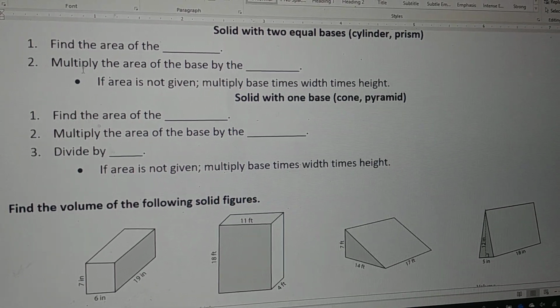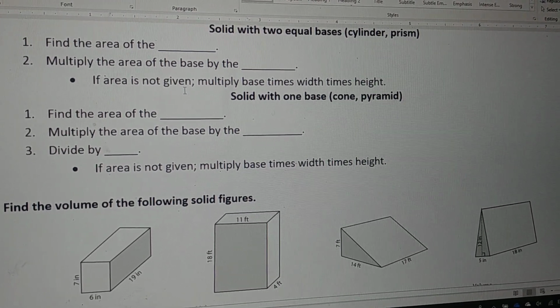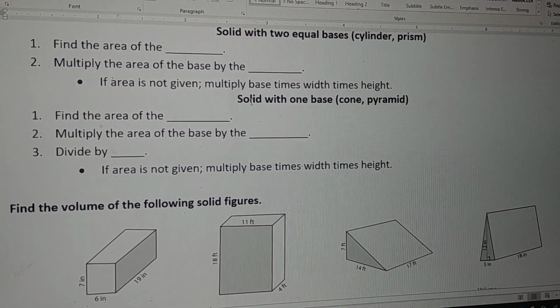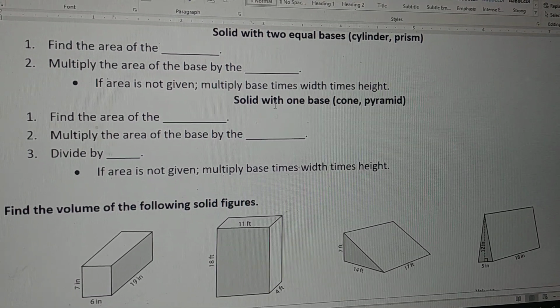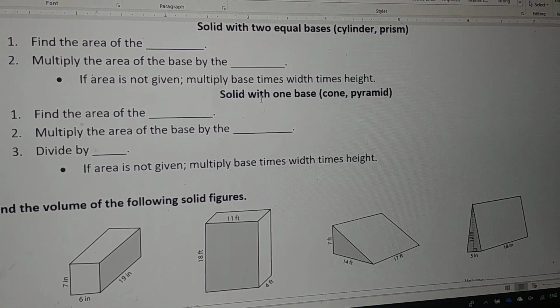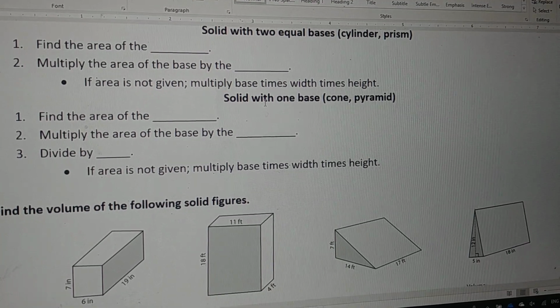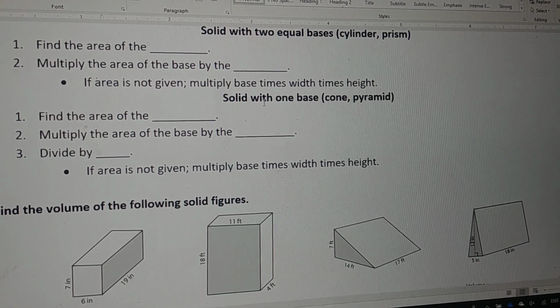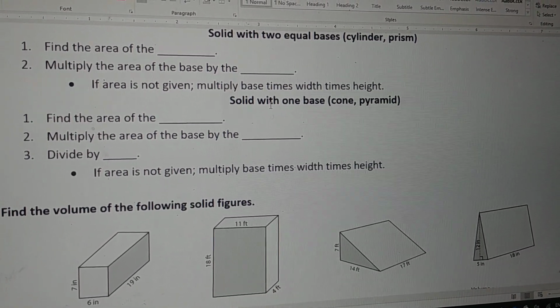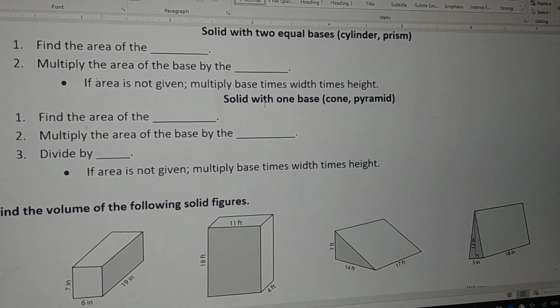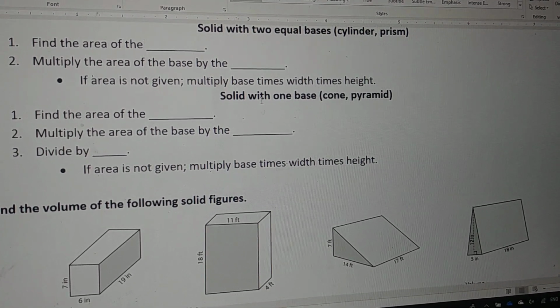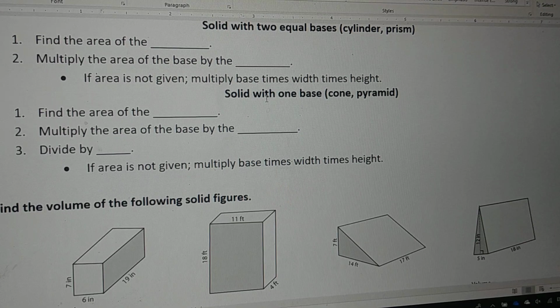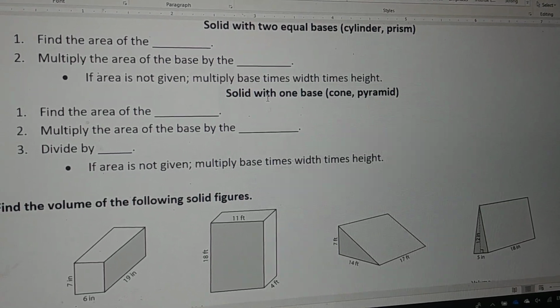If area is not given, multiply base times width times height. That's only if the area is not given, which in all of our problems in this worksheet, the area is not given, so you have to find the area and then multiply by the height, or just do base times width times height.